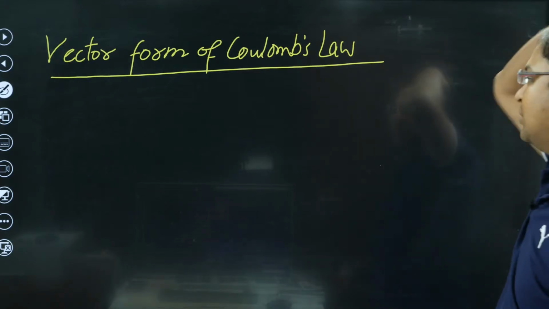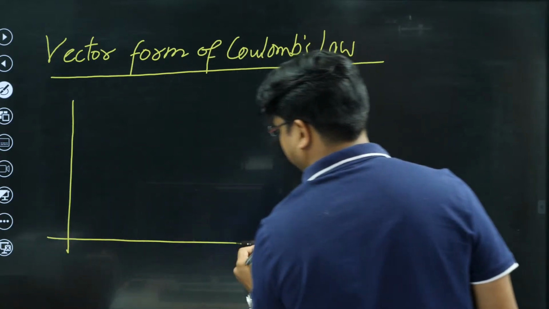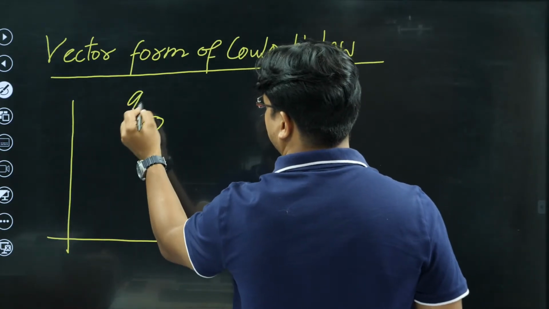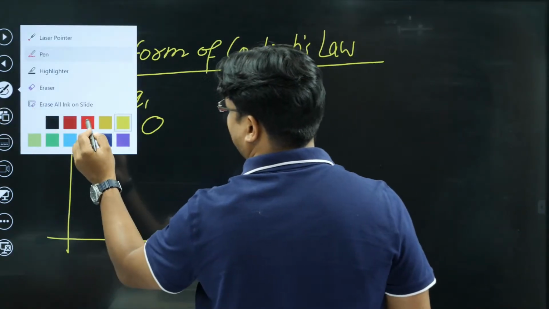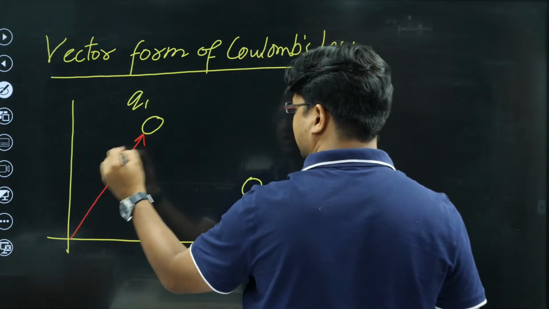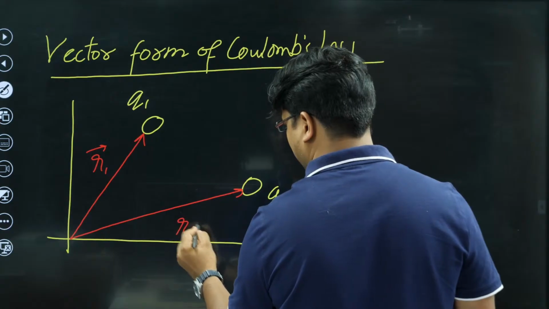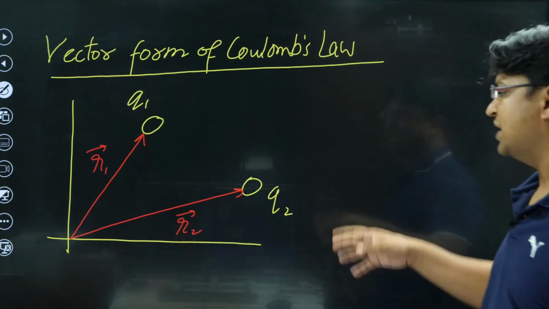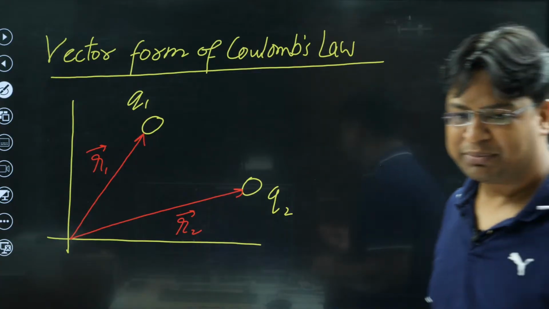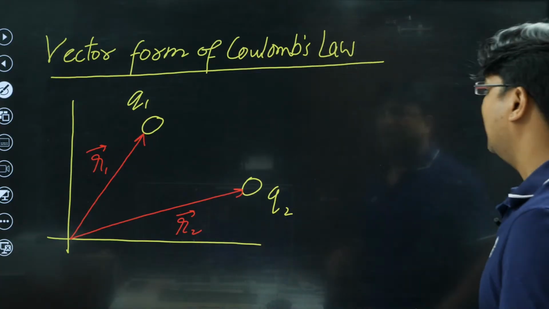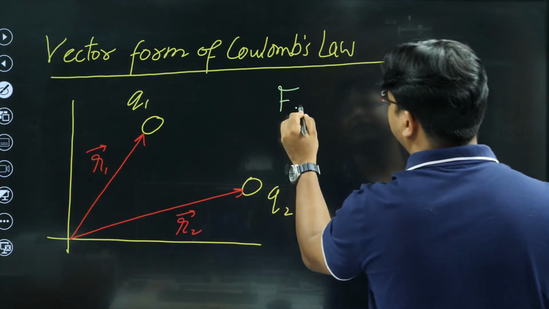So suppose there is a charged particle q1 and there is another charged particle q2, and let's say this is r1 vector, this is r2 vector. We have been given the charges, we have been given their position vectors, and we have to find the force that one particle exerts on the other particle. Let's represent this force as, suppose, F21.